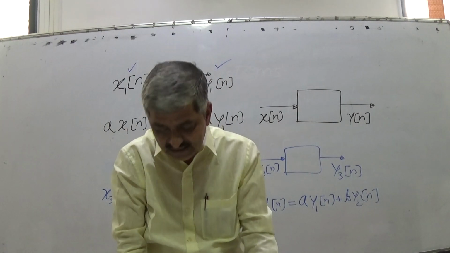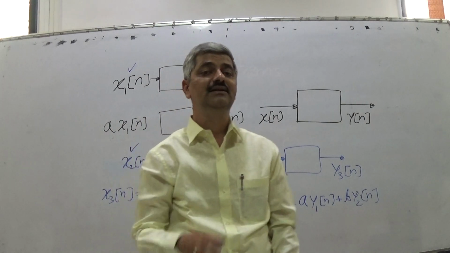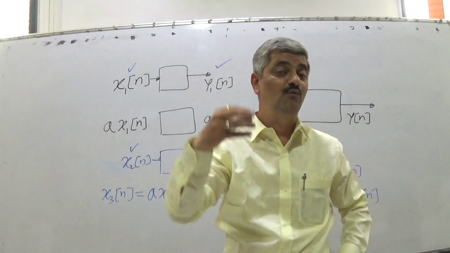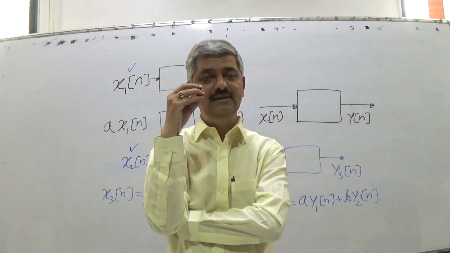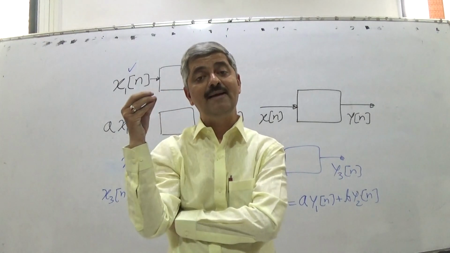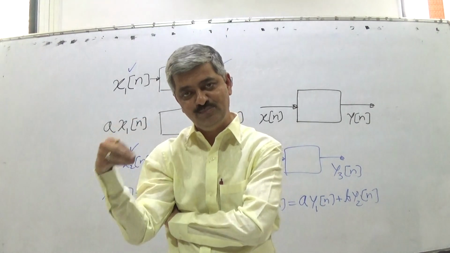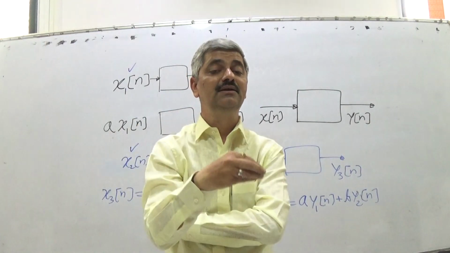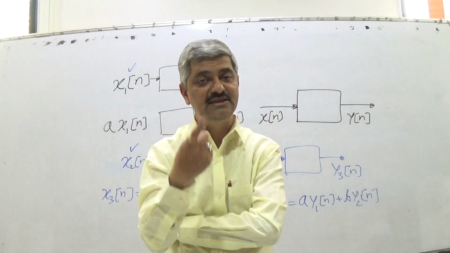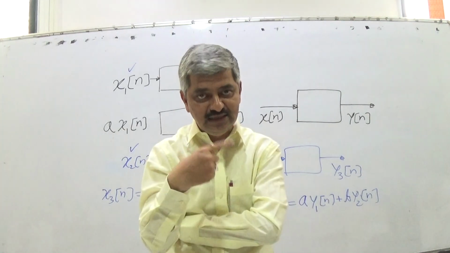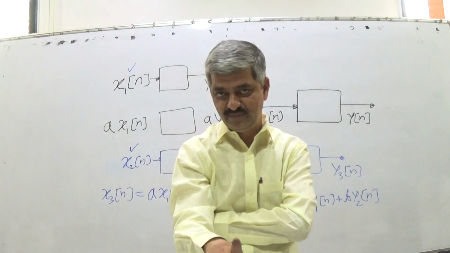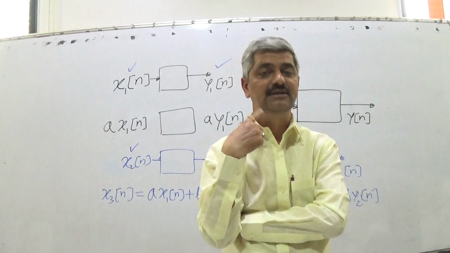If the system is linear, that output would be the weighted sum of the individual outputs. If I apply a combination of these two separate inputs, I should get the same weighted combination of the corresponding outputs. If the system is not linear, I will not get that. I will get something different.